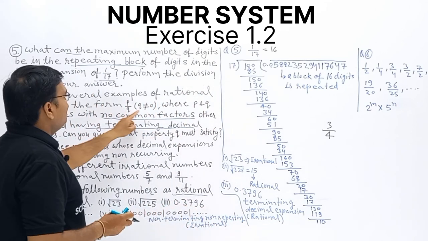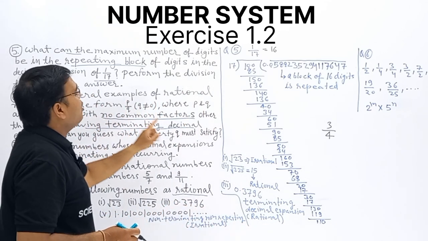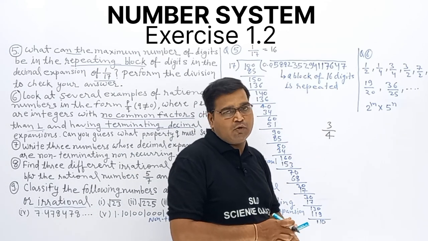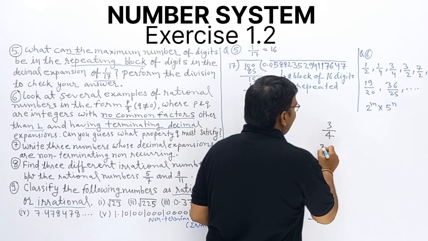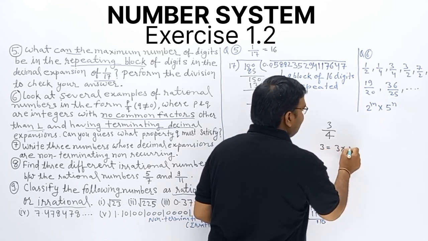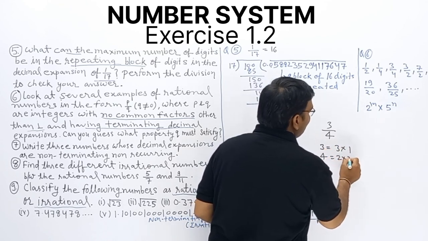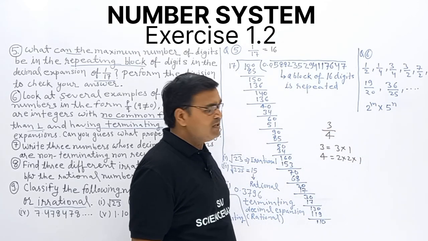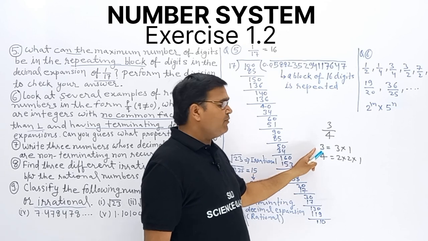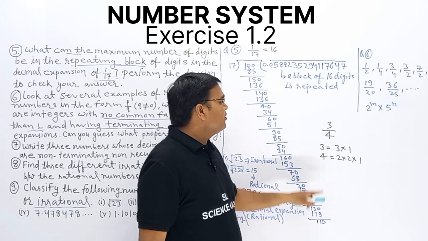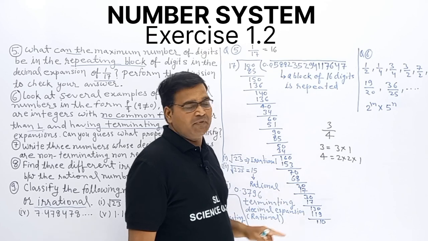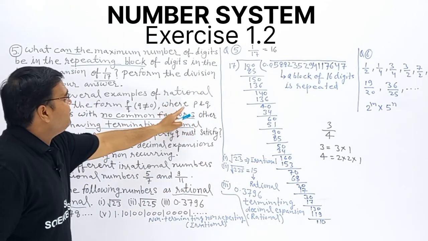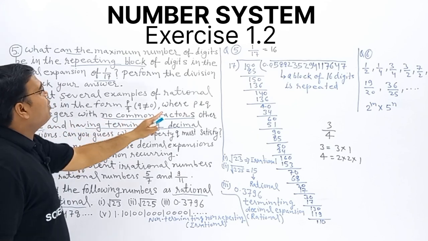Now P and Q are integers with no common factor. I want to check whether both numbers have a common factor or not. Factors of 3: 3 into 1. Factors of 4: 2 into 2 into 1. There is no common one. It means both have no common factor. So we can say 3 by 4, where P and Q are integers with no common factor.